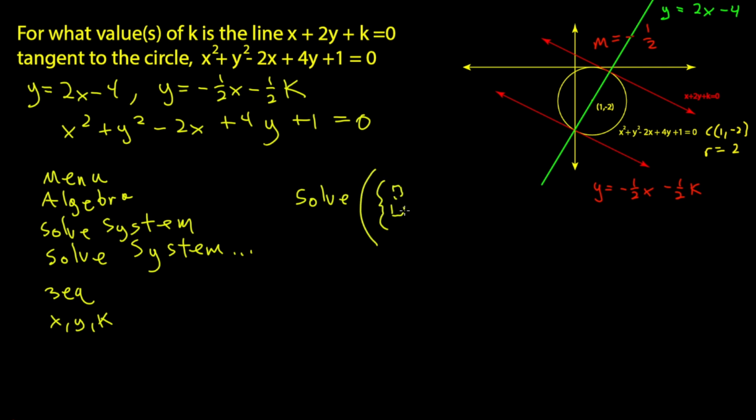And you'll see this right here. 3 equations, comma, x, y, k. Like that. And you will put this equation in there. You'll put that equation in there. You'll put that equation in there. And that will give you a solution.